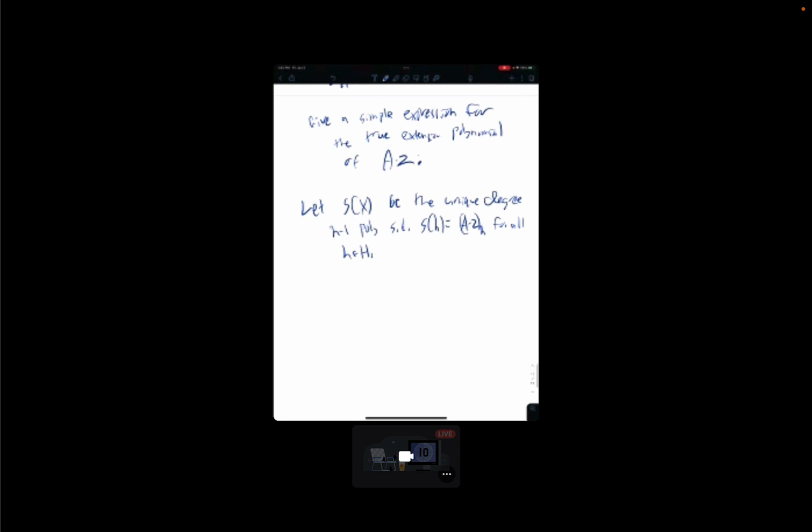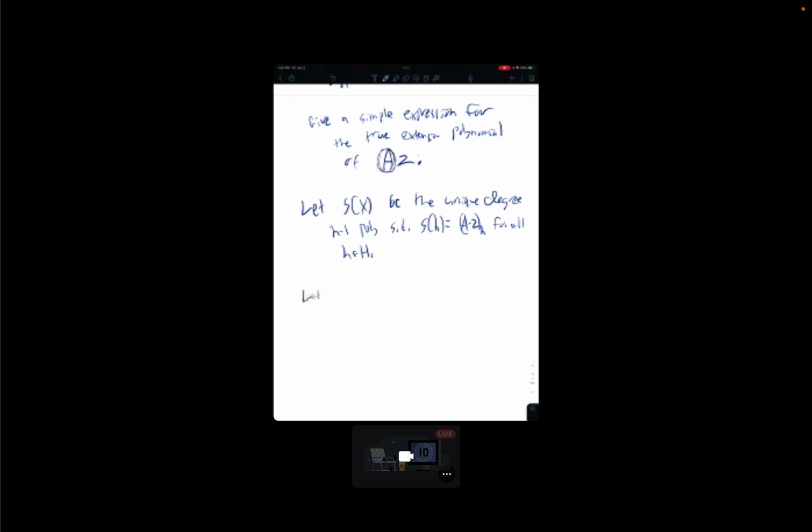So I'm going to give a convenient expression for S of X. Now, that expression is going to involve taking a bivariate extension polynomial of the matrix A.